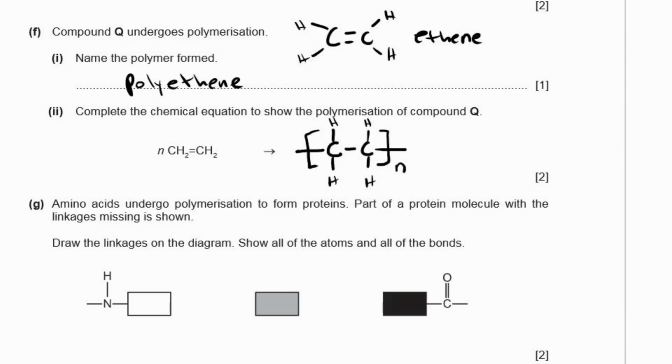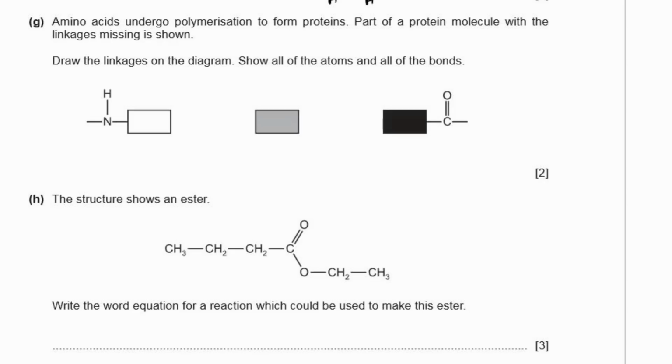All right. G. Amino acids undergo polymerization to form proteins. Part of a protein molecule with the linkages missing is shown. Draw the linkages on the diagram. Show all of the atoms and all of the bonds. Okay, so if you remember, with proteins, start off with one side.